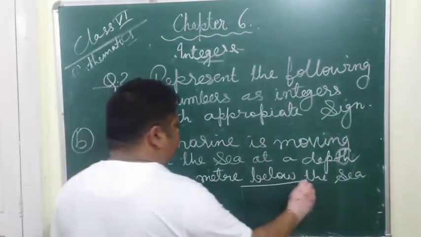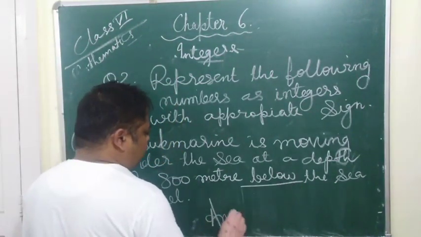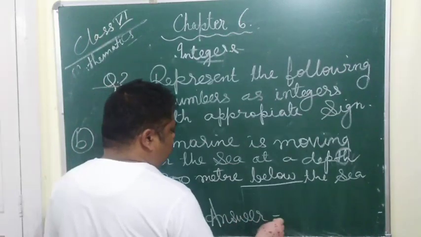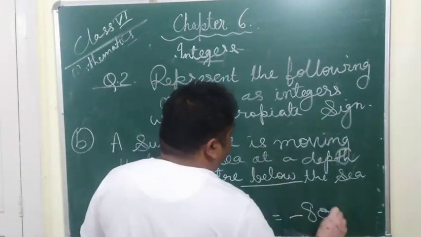So below the sea level means minus. Answer will be minus 800 meters.